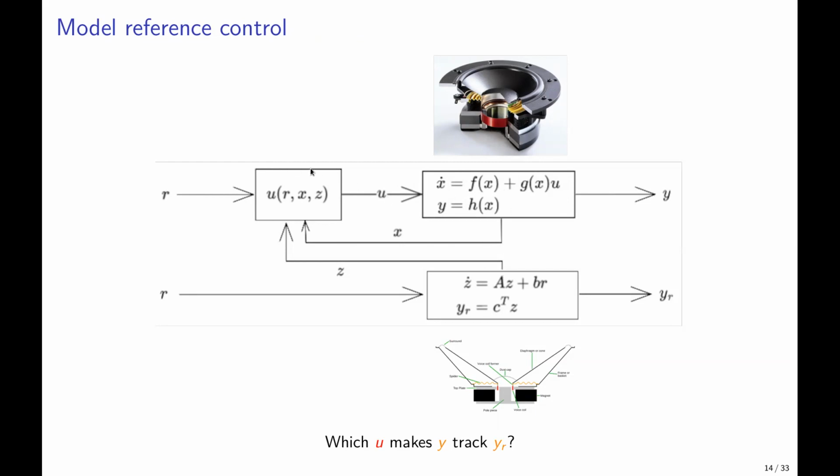We want to find this function U that pre-distorts the input to the loudspeaker, such that the output of our loudspeaker is the same as the output of a linear reference system. Kind of makes sense, right? So how do you find this U? That's the question. Which U makes Y take YR?